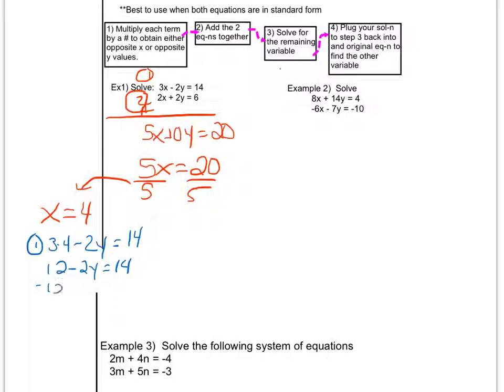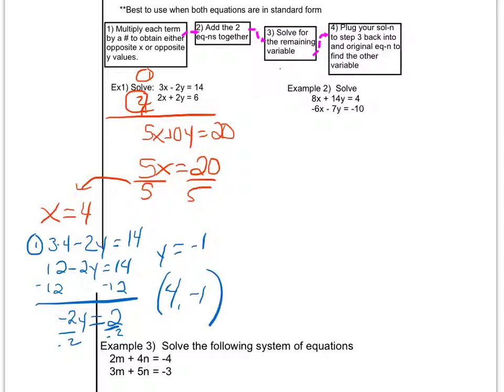I'll subtract the 12 because the 12 is positive. Remember, the negative belongs to the 2y. Divide by -2, and I get a y value of -1. So my solution, my point of intersection, is the point (4, -1).